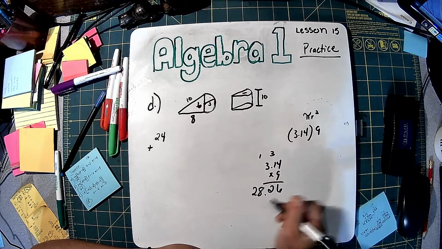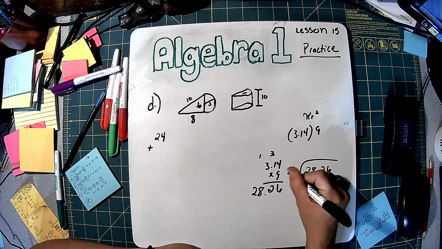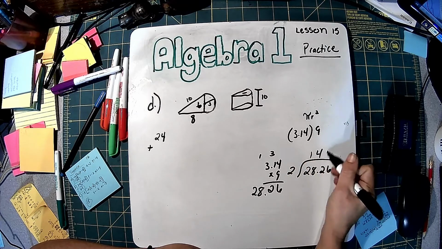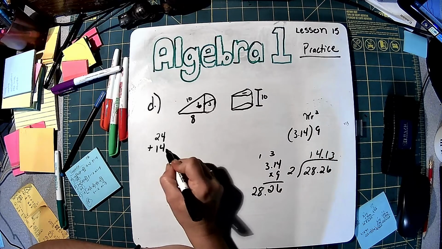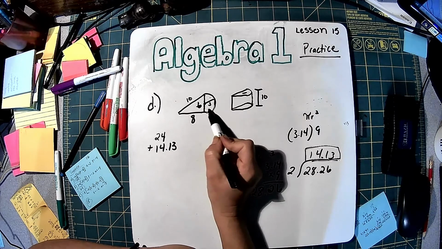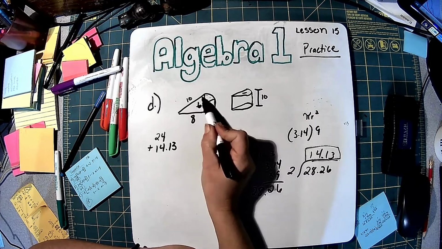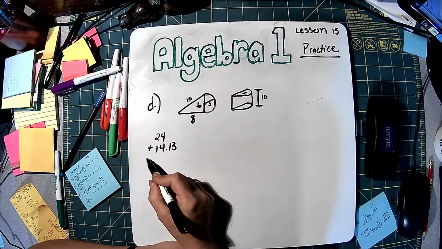We only need half a circle. Divided by 2, we would get 14.13. So this 14.13 right here is the area of this roundy part, and this 24 is the area of that triangle part. Okay? Now I'm going to add them together.